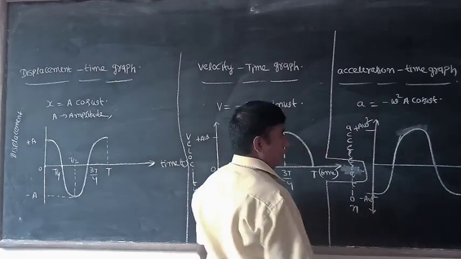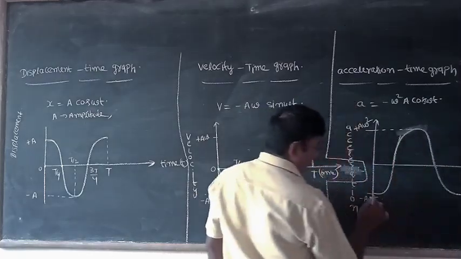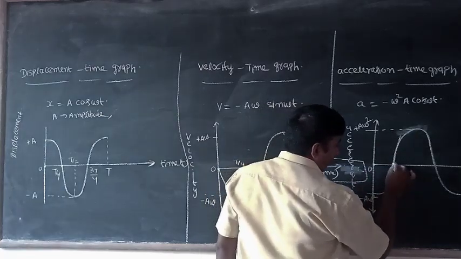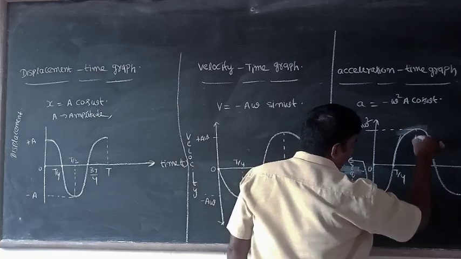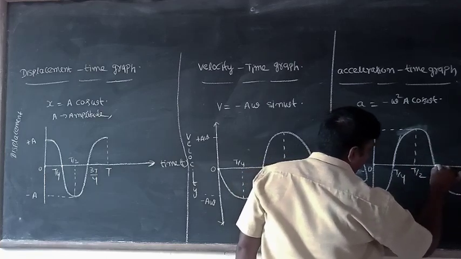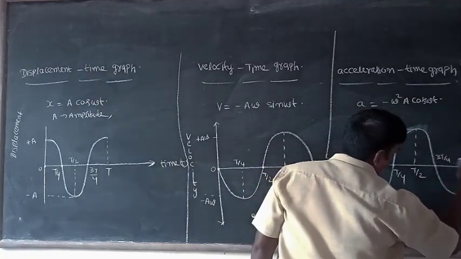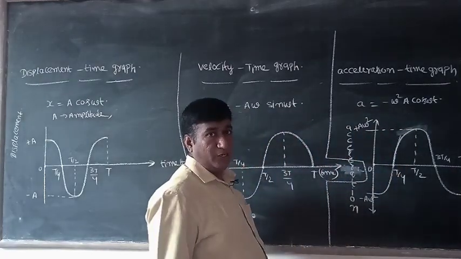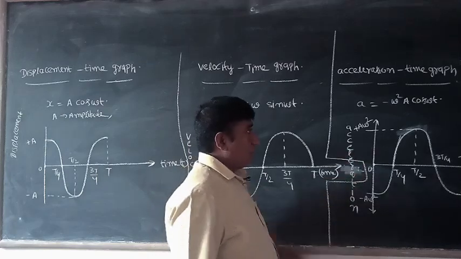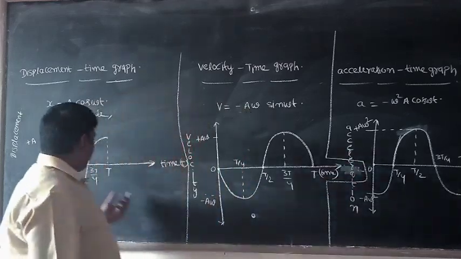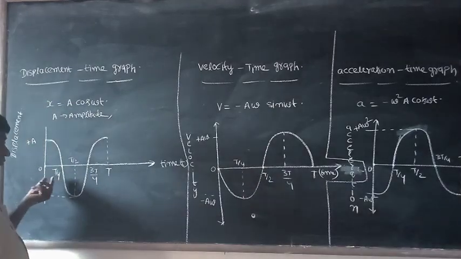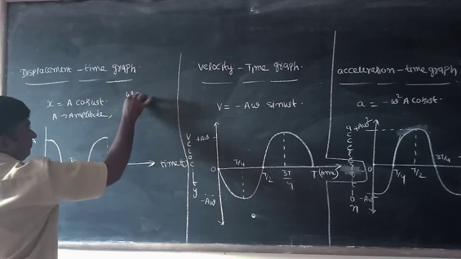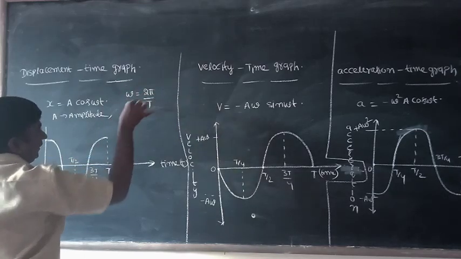Here, if time t is equal to 0, then the next is t by 4, then t by 2, 3t by 4, and finally t, the total time period. Some students may have doubts: sir, how did you take 0, t by 4, t by 2, 3t by 4 and t? Here omega is 2 pi by t.